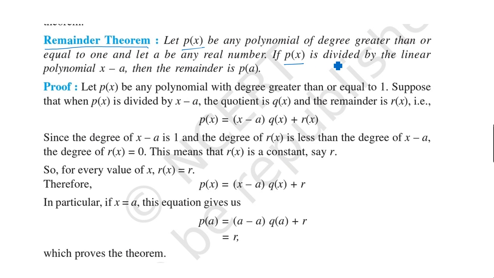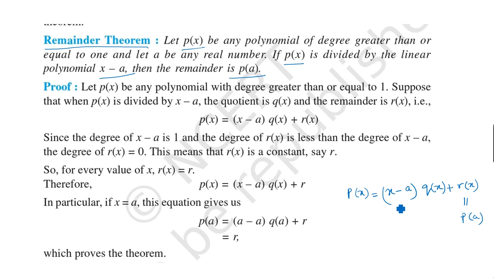If we divide P(x) by a linear polynomial, that is a polynomial of degree 1, then we can determine what our remainder will be. That remainder will be p(a).